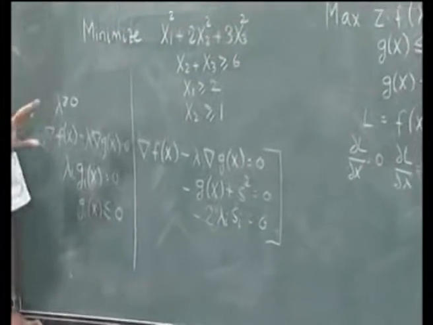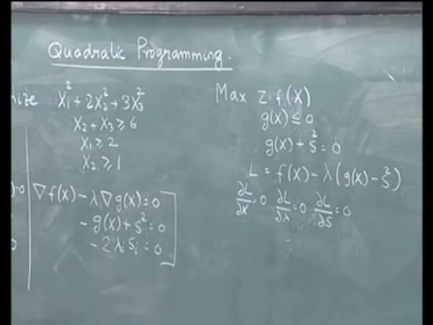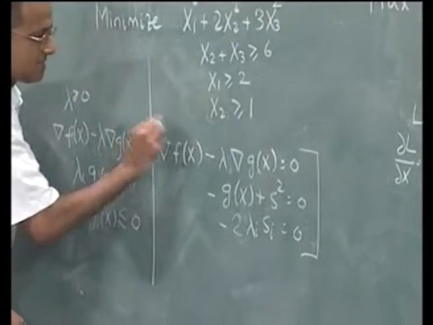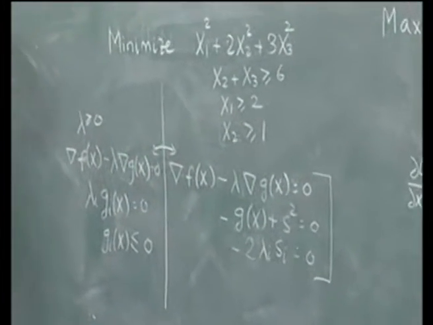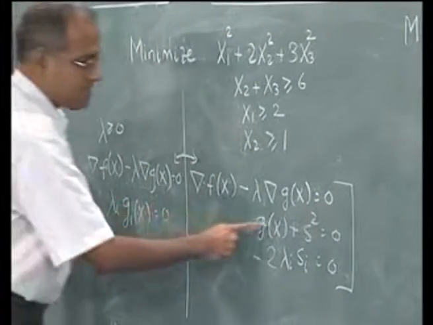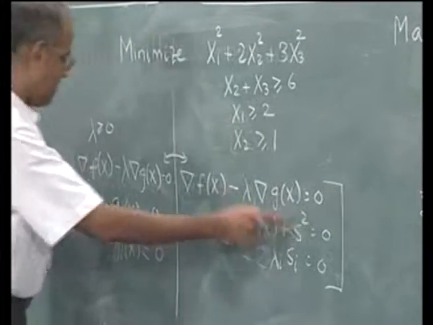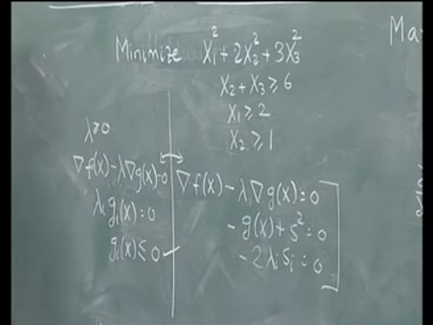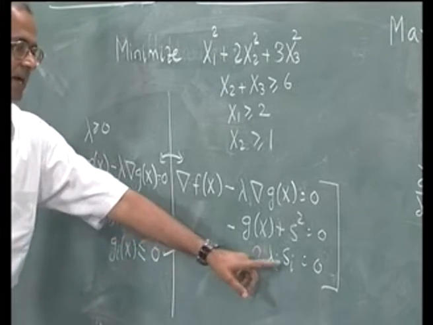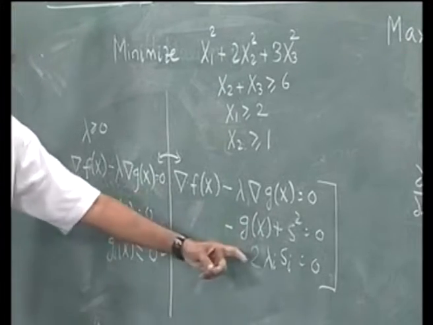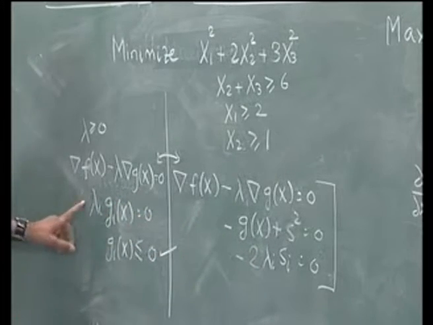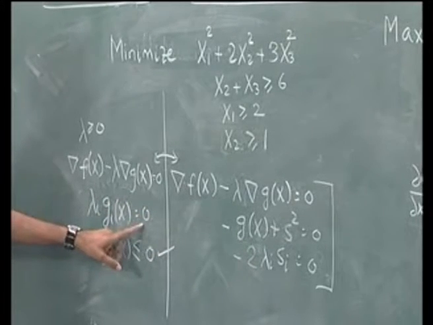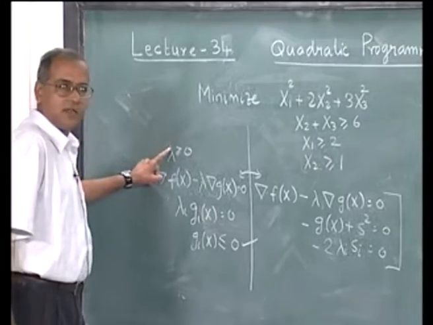Now, what is the relationship between this and this? This is exactly the same as this, there is no problem. Now, g of x plus s square equal to 0 is the same as g of x less than or equal to 0. So, minus 2 lambda_i s_i equal to 0 is now written as lambda_i g_i of x equal to 0 and lambda greater than or equal to 0.